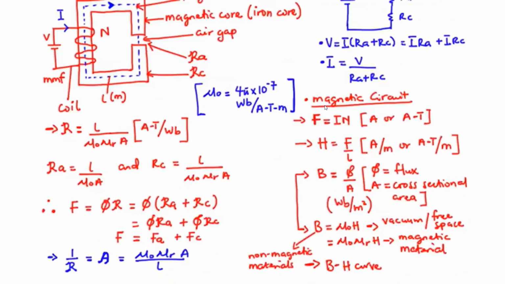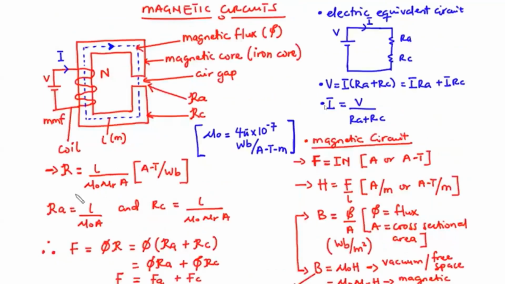In the case where you want to find the value of either B or H for a magnetic material, we can't use this formula, hence it is advisable to use the BH curve to find either B or H when one of them is known.